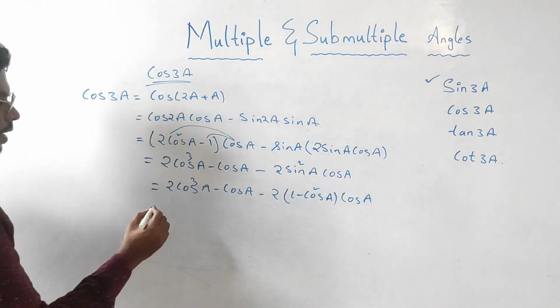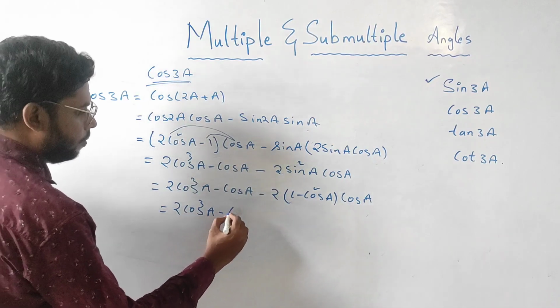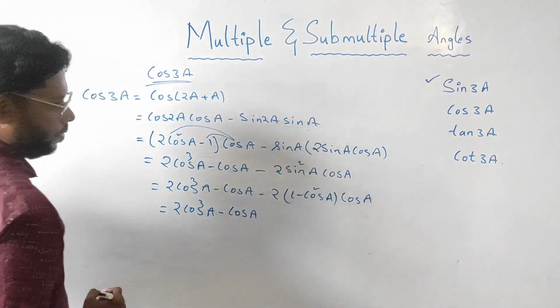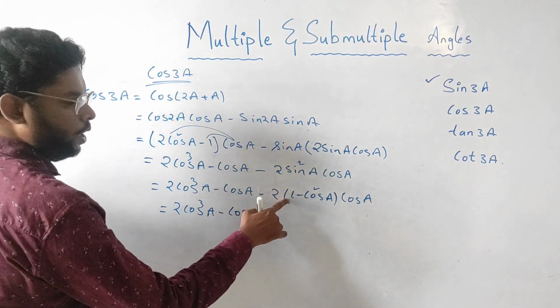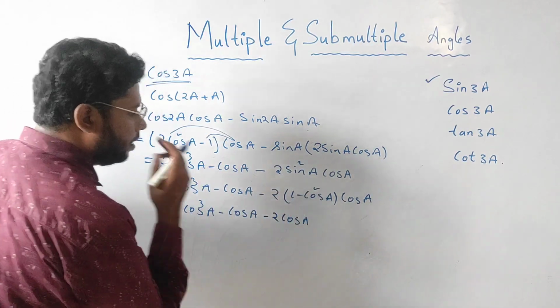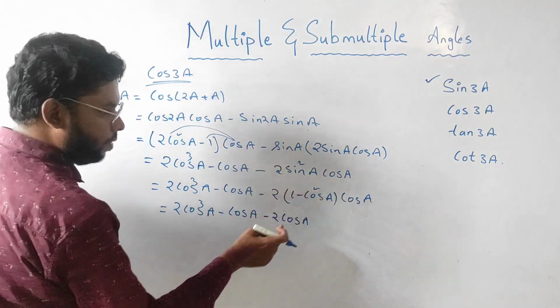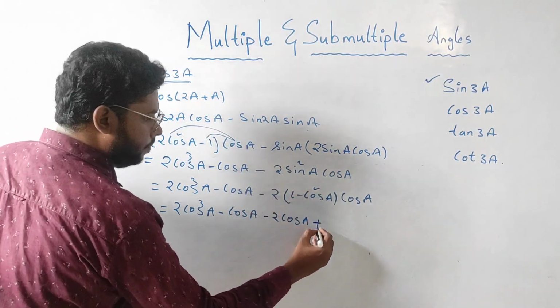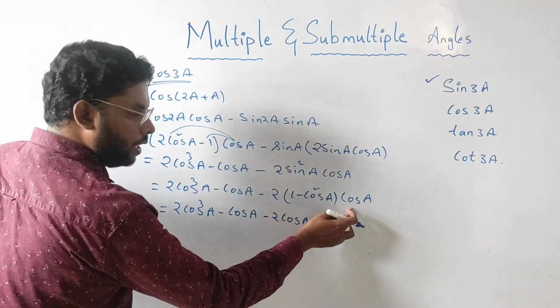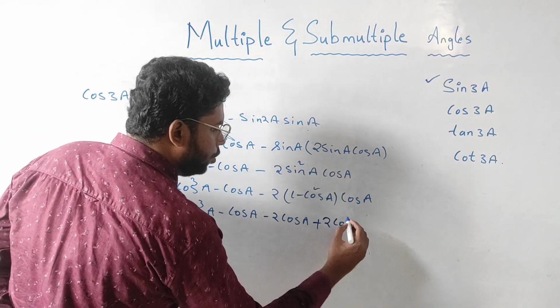Now multiply, what do you get? 2 cos cube A minus cos A, minus 2 into 1 into cos A, which is minus 2 cos A. Understood? Minus into minus is plus, 2 cos A into cos square A, it will be 2 cos cube A.